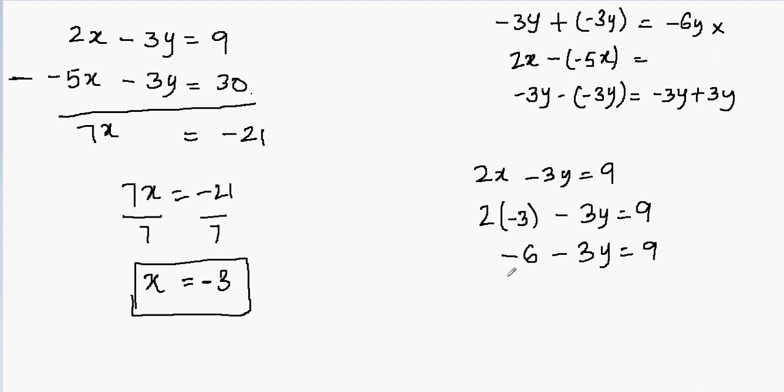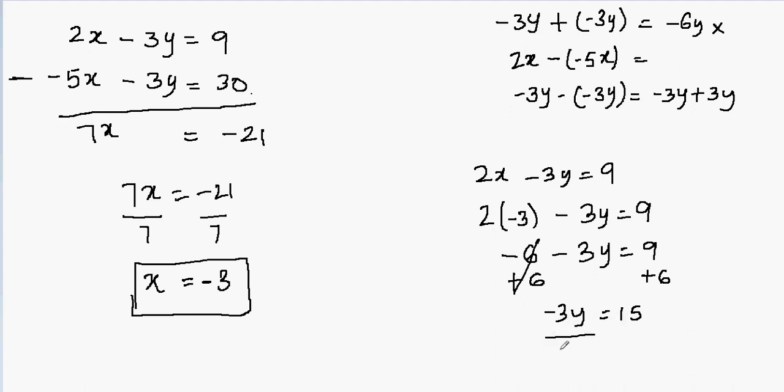I want y by itself, so let's get rid of the -6 from the left-hand side. I will add 6 on both sides. Here, negative 6 and positive 6 will cancel out each other. On the left-hand side, I have negative 3y, and 9 plus 6 will give me 15. Now, I want y by itself. What do I do to get rid of the negative 3?